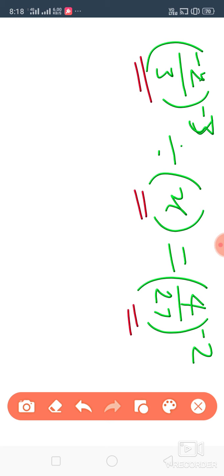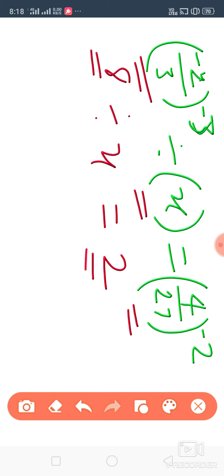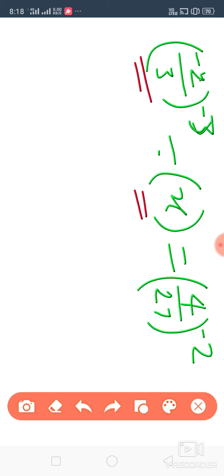Okay. Now look here. Earlier what we have seen: the same example we have done. 8 should be divided by what number so that the result will be 2? So what we have done: this 8 we have divided by 2. In the same way, this (-2/3)^-3 will be divided by this much. So we'll do the same thing.